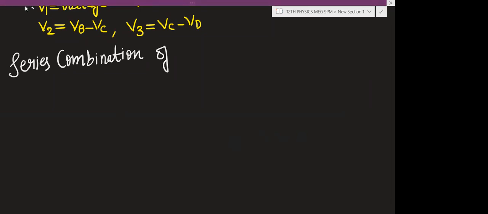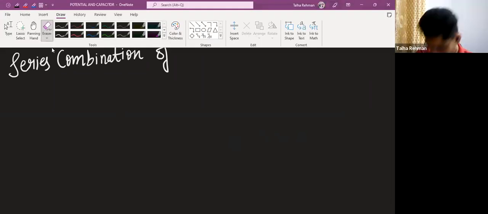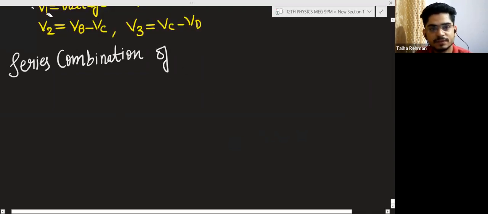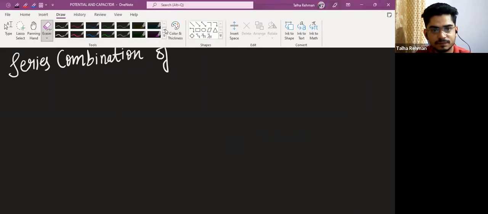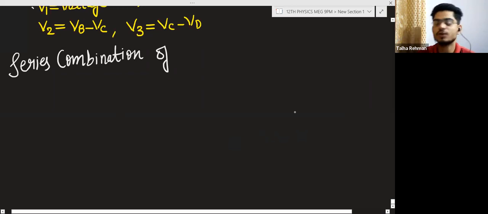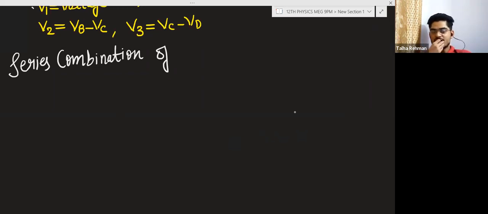This is the best book of physics ever published. HC Verma was a professor at IIT. Do you know IIT? Indian Institute of Technology in India.